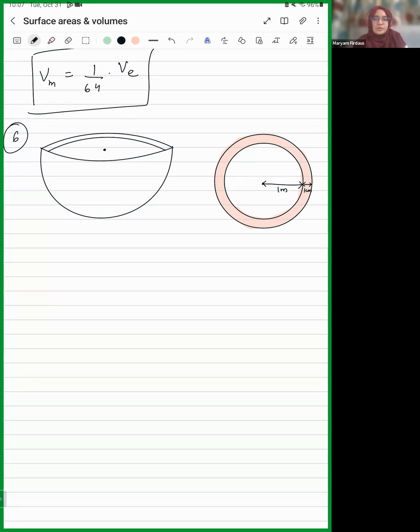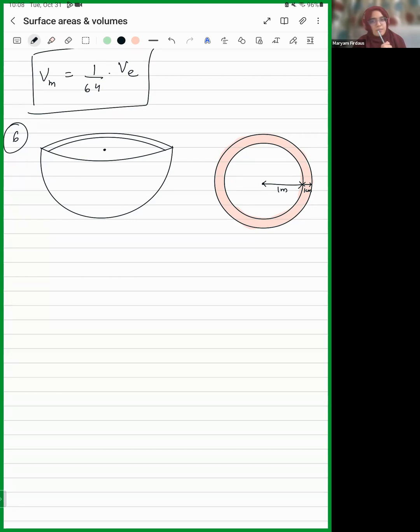Preshita, how will you do this? Abdul Jabbar, Preshita, Zain. Yes, Abdul Jabbar. How will you do this? First you find the radius. Which radius?